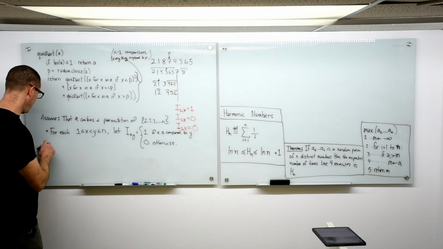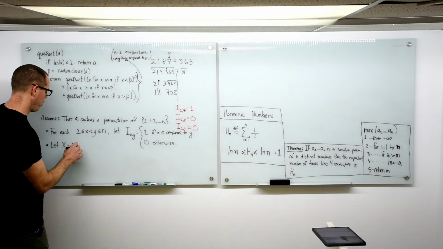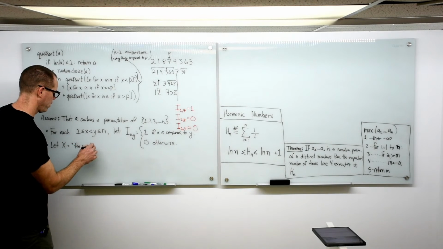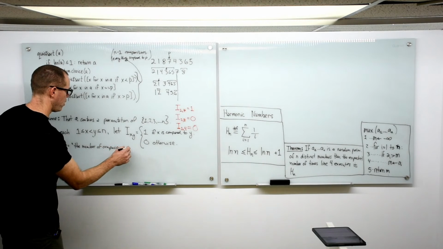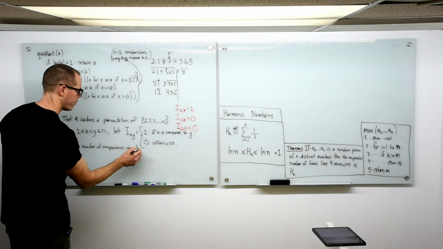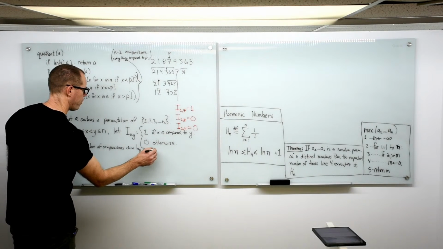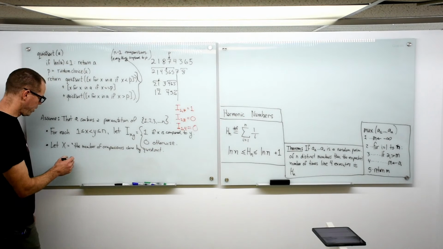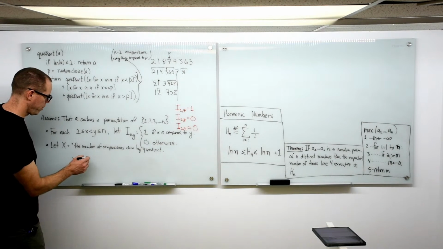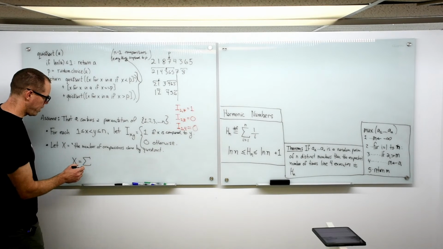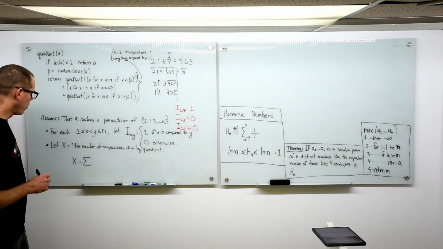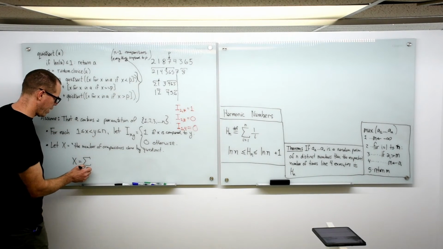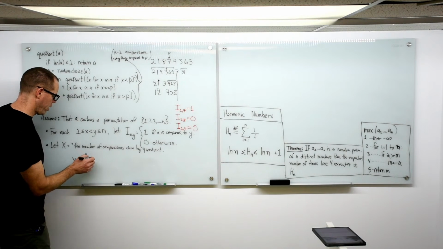And so if I say let X equal the number of comparisons done by Quicksort, then X is just going to be equal to, well, we have to sum over all the pairs x and y in the set 1 through n, where x is less than y. So that has a sum with x running from 1 up to n.